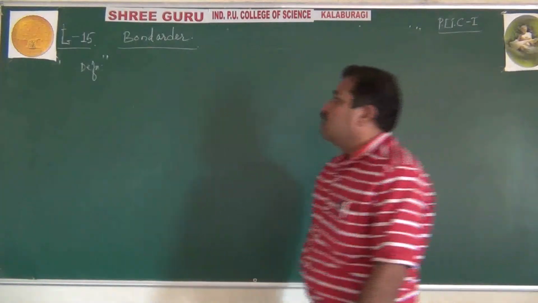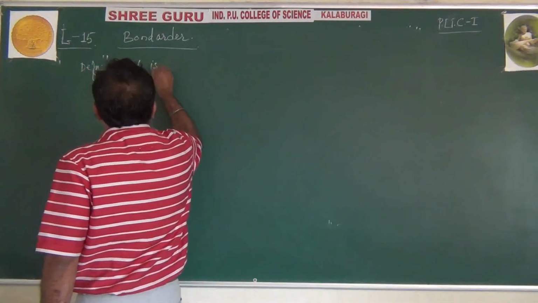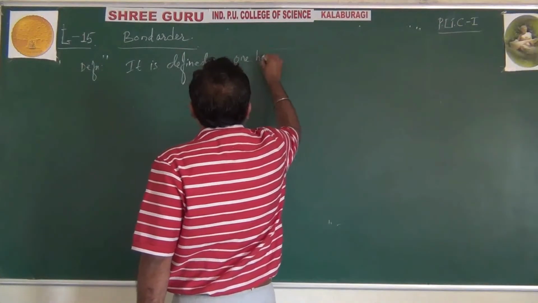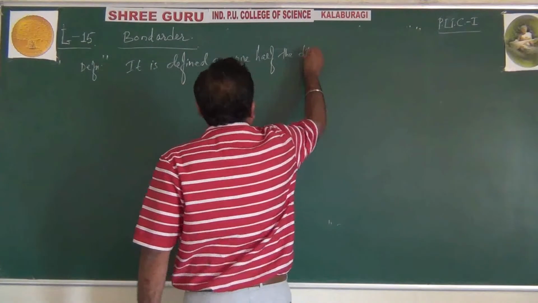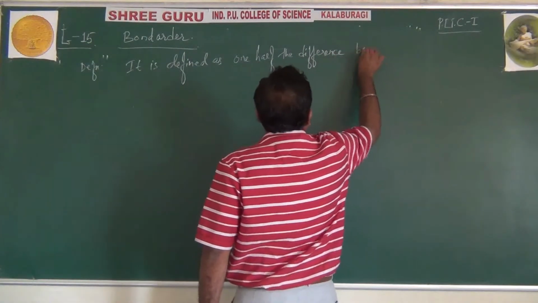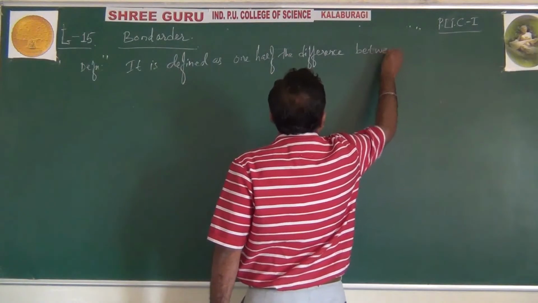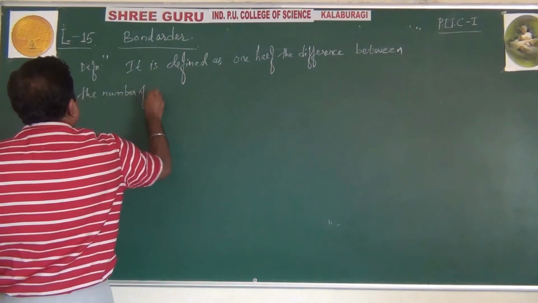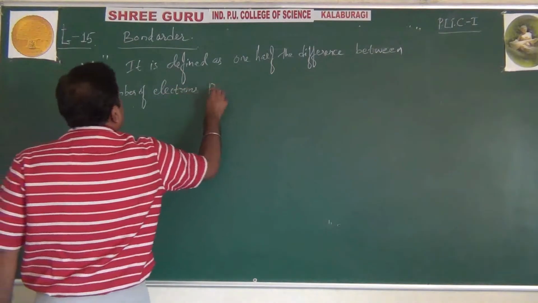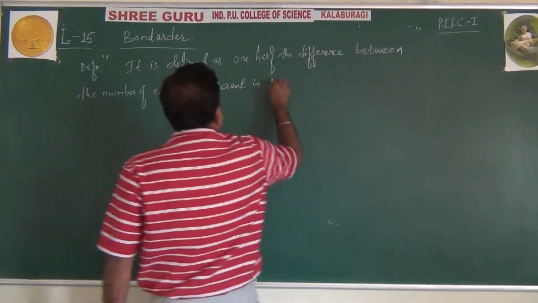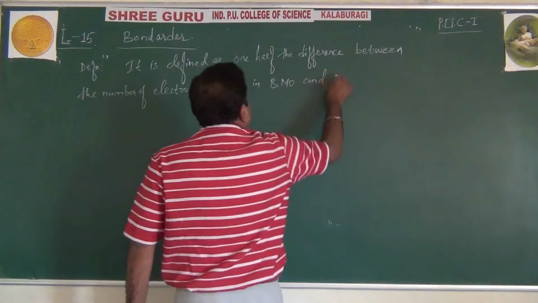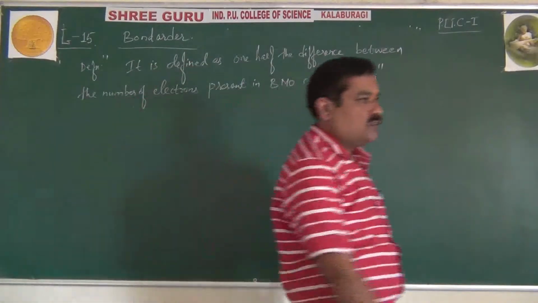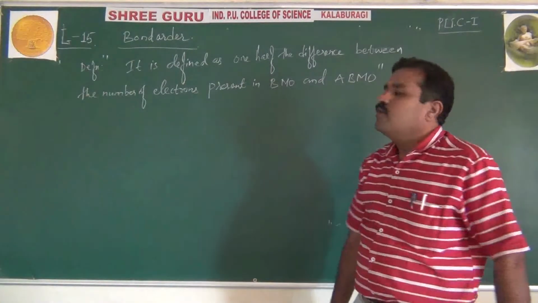But here, according to molecular orbital theory, it is defined as one half the difference between the number of electrons present in bonding molecular orbitals, BMO, and anti-bonding molecular orbitals, ABMO.